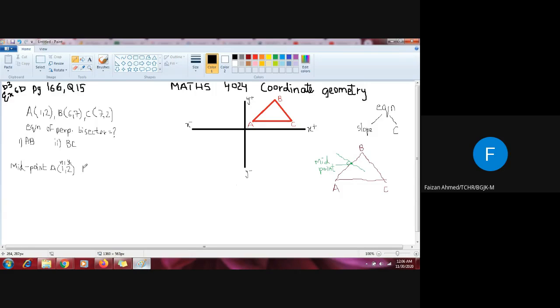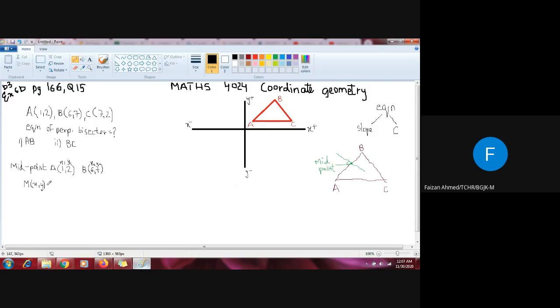The next point is B. The coordinates of B are 6 and 7, so I will write 6 and 7. Since this is my second point, I will label it as x2 and y2. So this is the labeling, and I have the formula. The midpoint is represented by capital M, and since the midpoint is a point, the answer will always be in the form of a point.